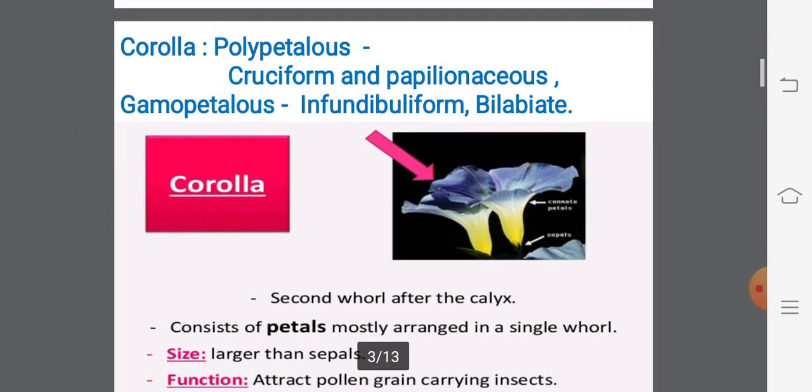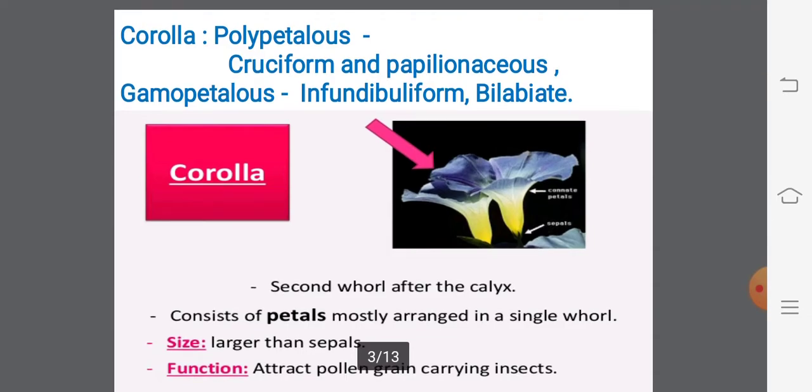In the corolla, there are two types: one is polypetalous and the second is gamopetalous. Poly means free petals and gamo means fused petals. As per our syllabus, we have two types in polypetalous, cruciform and papilionaceous corolla, and in gamopetalous, infundibuliform and bilabiate corolla.